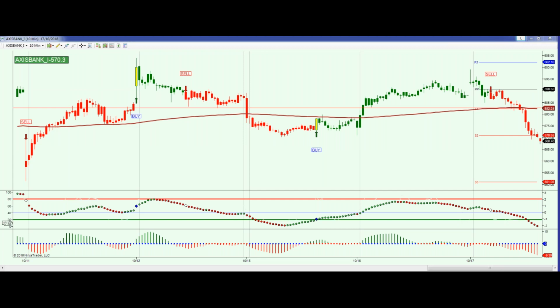That is, 1200 is the lot size, so you'll get your profits.